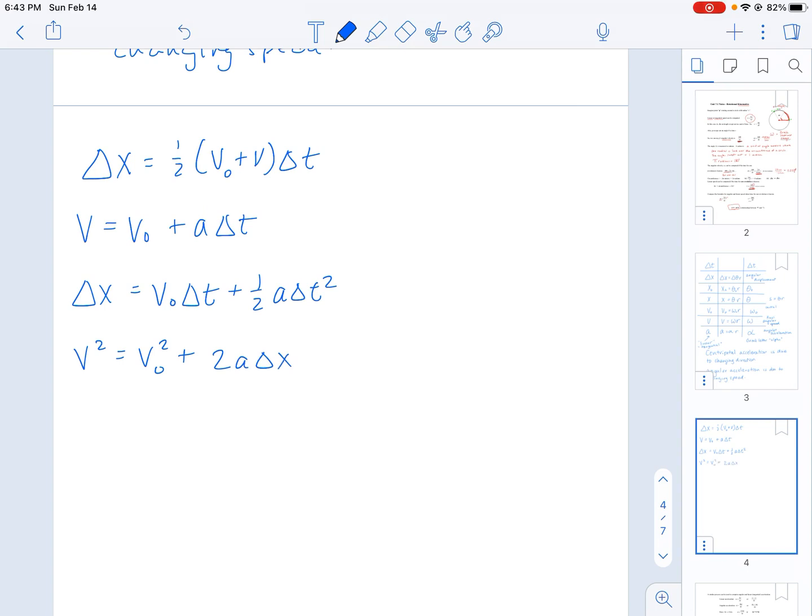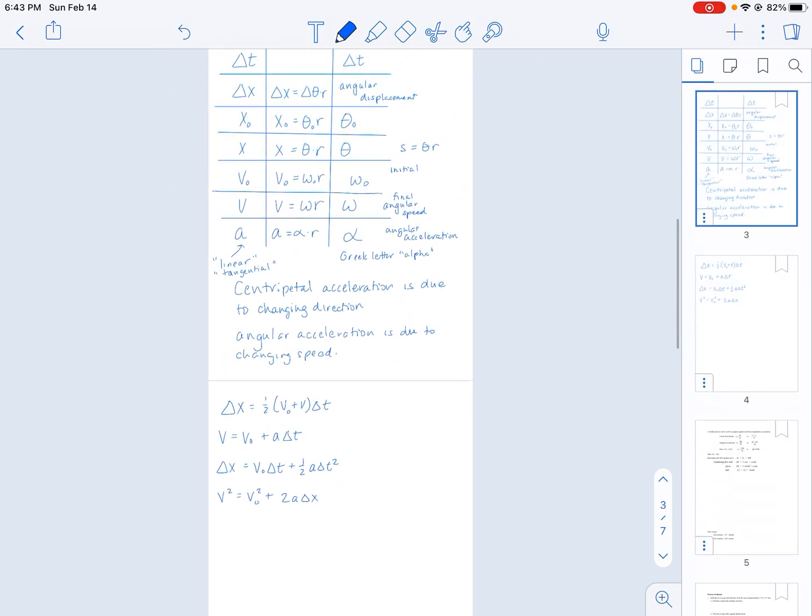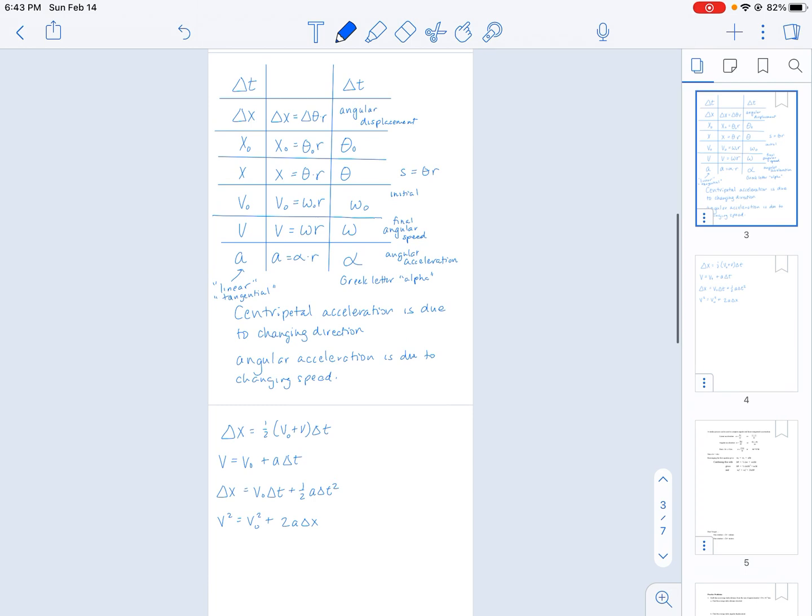And basically, all of the same math applies because the velocity is still the change in position over the change in time. Acceleration is still change in velocity over change in time. So what I'm going to do is translate these by making the appropriate substitution.